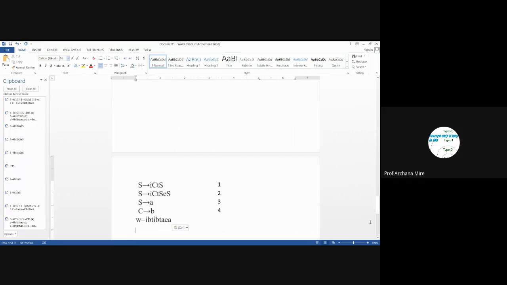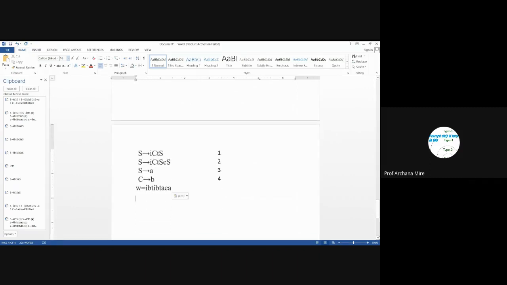In exam, you can apply any of the approaches, either find two leftmost derivations, two rightmost derivations, or two different derivation trees. So I will clear this clipboard because I will need some symbols here.